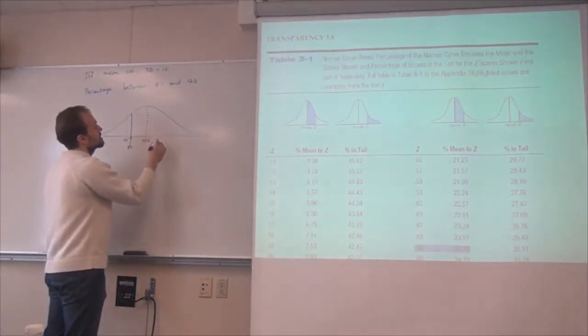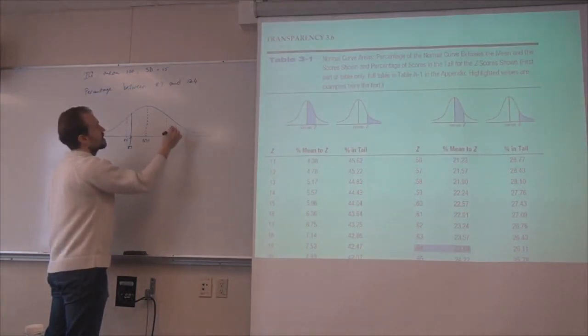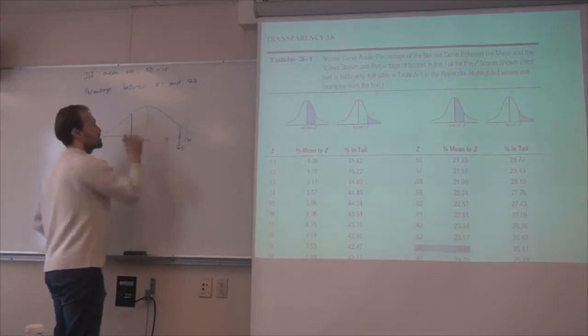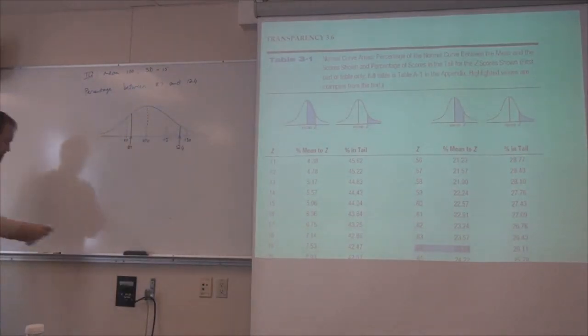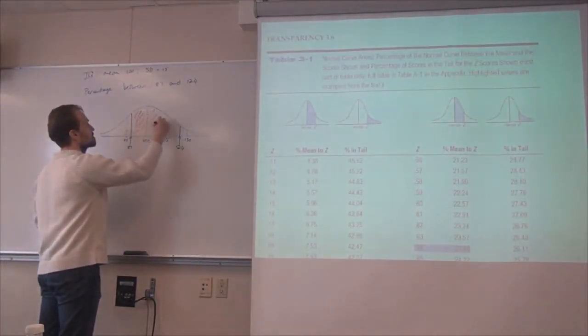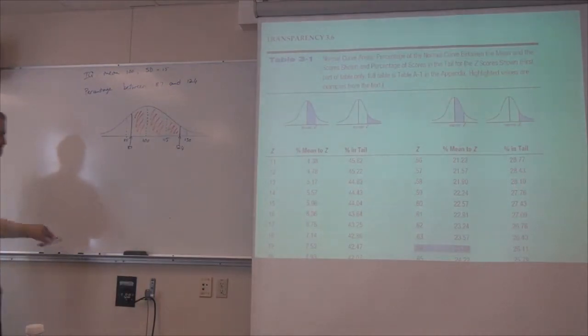On the other side I have 115, and the next one will be 130, so 124 sits over here. I'm going to change the color to red. So I'm looking for all of that.